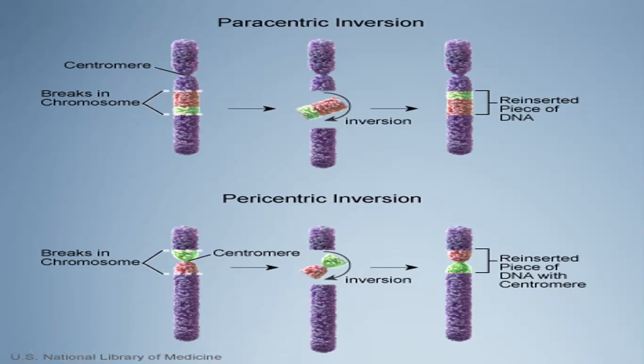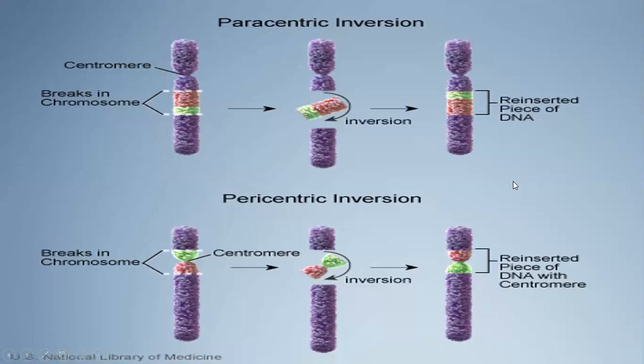The picture below shows pericentric inversion. The chromosome is breaking along with the centromere. So, after inversion, the position can change.